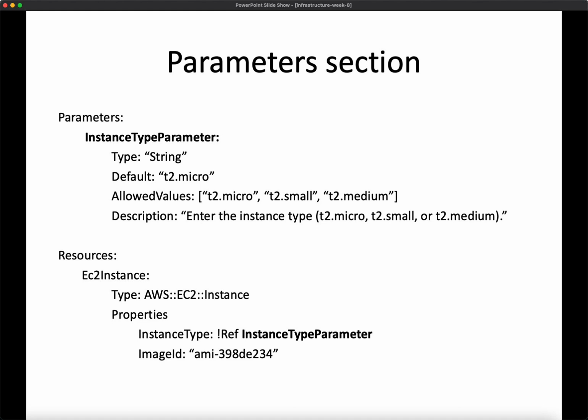And the value of InstanceType is referencing the instance type parameter, meaning that whatever value we set for the instance type parameter will be used for that InstanceType property in the EC2 instance resource definition.